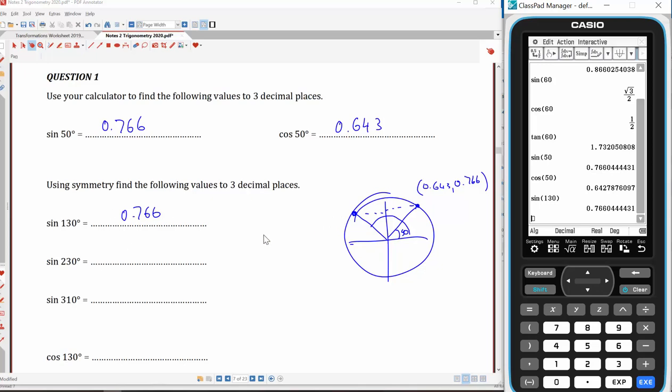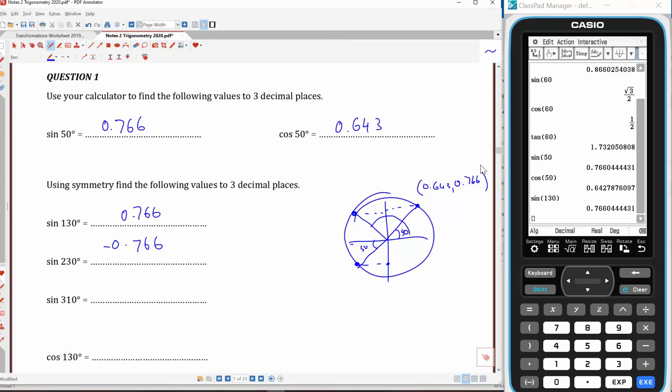Right, what about the sine of 230? 230 is 50 more than 180. That's going to be down here. So 50 degrees more than 180, that's this point here. That's going to produce a y value that's here, which is the negative version of this sine value. So this is going to be negative 0.766.